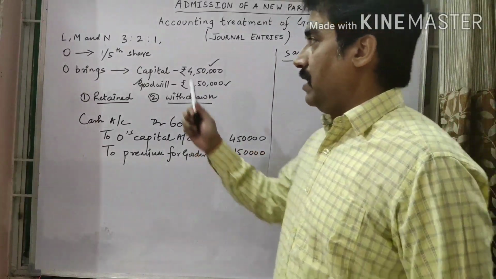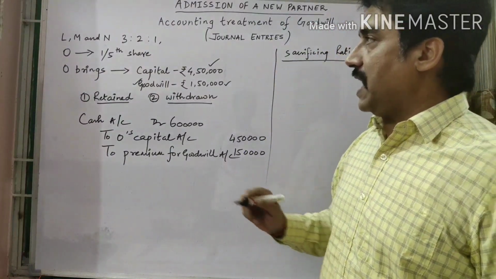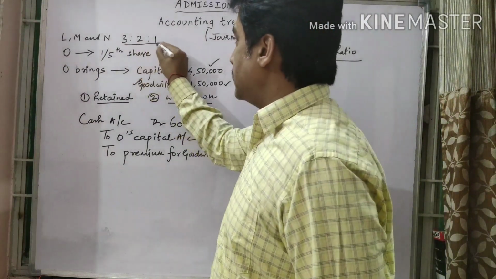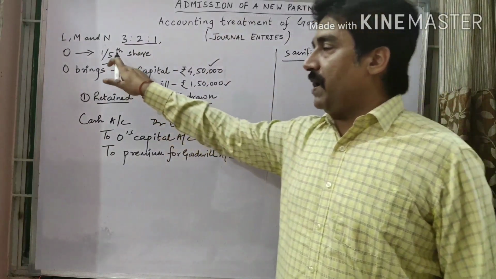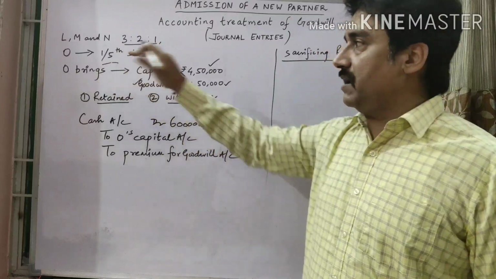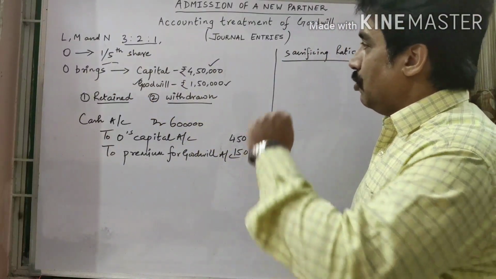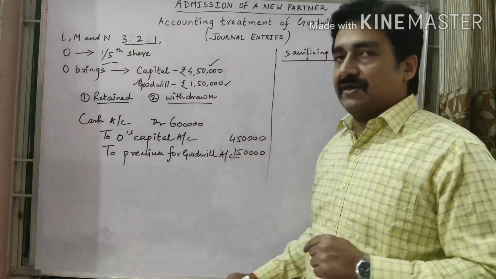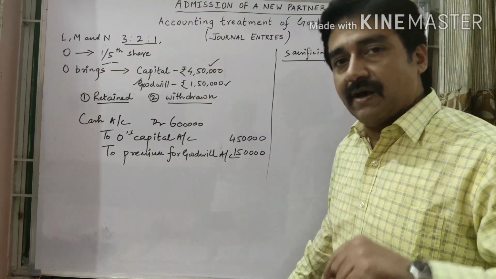While studying the calculation of new and sacrificing ratios, we have seen that where the old ratio of the partners is given and the new partner's share is given only as a single fraction, there we assume the old ratio to be the sacrificing ratio.